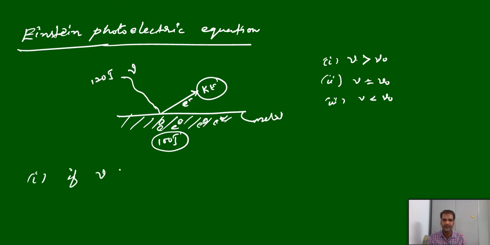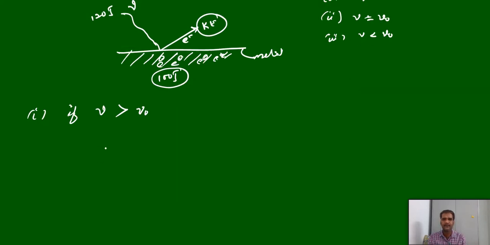If the frequency incident is more than the threshold frequency, nothing but the work function, then we have the formula: E equals, according to the law of conservation of energy, whatever energy you supply, the initial energy and final energy should be the same. So that should equal the amount of energy required to eject the electron, that is the work function, plus the remaining energy converted into kinetic energy.